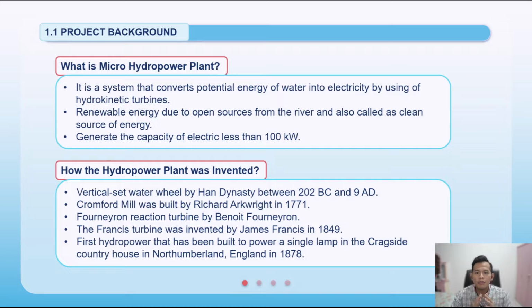Then, Cromford Mill was built by Richard Arkwright in 1771. Hydropower was the energy he utilized to spin cotton and put out the world's first factory system. Afterward, turbine technology grew in the first half of the 19th century.